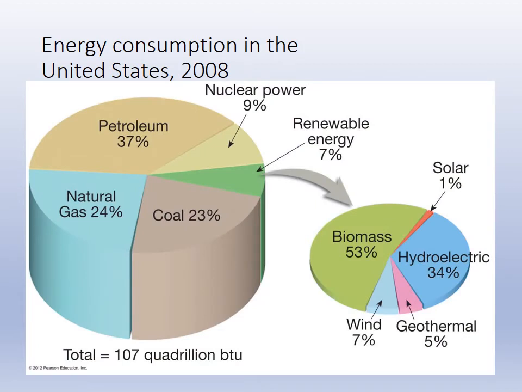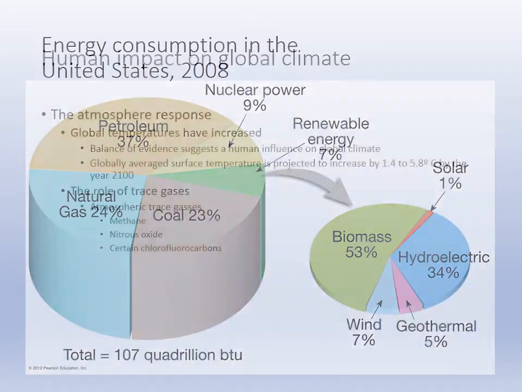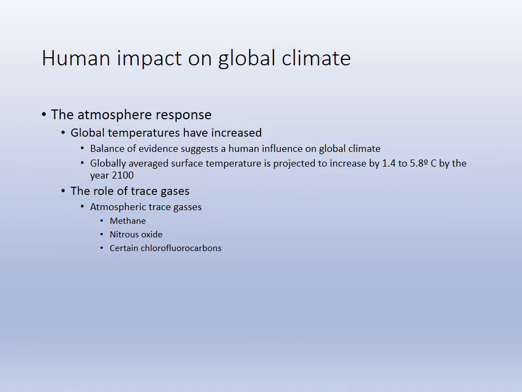You can see that most of our energy comes from fossil fuels, and all that leads to, and even renewable energy, when you're talking biomass, you're burning it, that all leads to oxides being released into the atmosphere. So the temperatures have been rising.